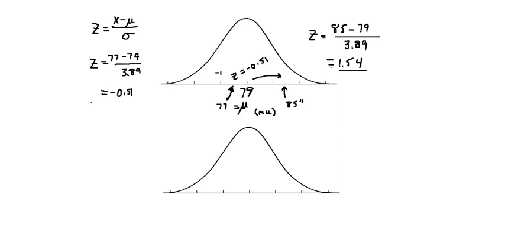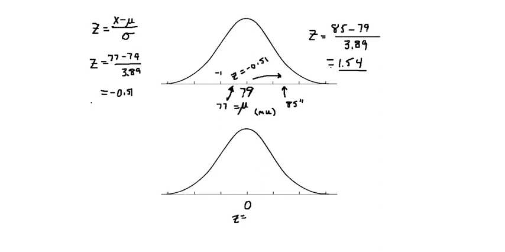Well, when we're at the mean, we get 0. This is why z is equal to 0. This is why we call this a standard normal distribution. That is, 0 represents 0 distance from the mean. We could be 1, 2, or 3 standard deviations to the right of the mean, or -1, -2, or -3 standard deviations to the left.